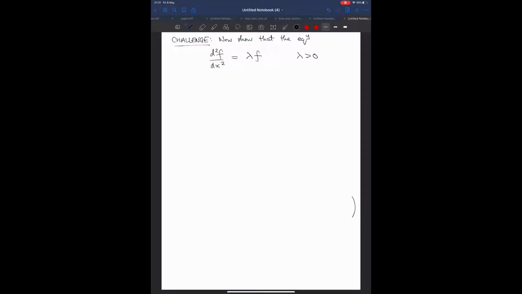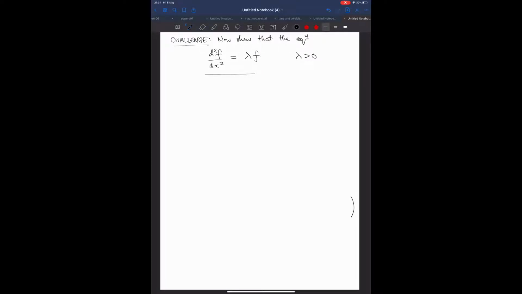Now, once you've done that, maybe you can try and show this. So if I have this equation now with lambda here being positive, then the solution is this, where the solution uses hyperbolic functions instead of trigonometric functions. Okay, so this is an aside. So back to the problem.